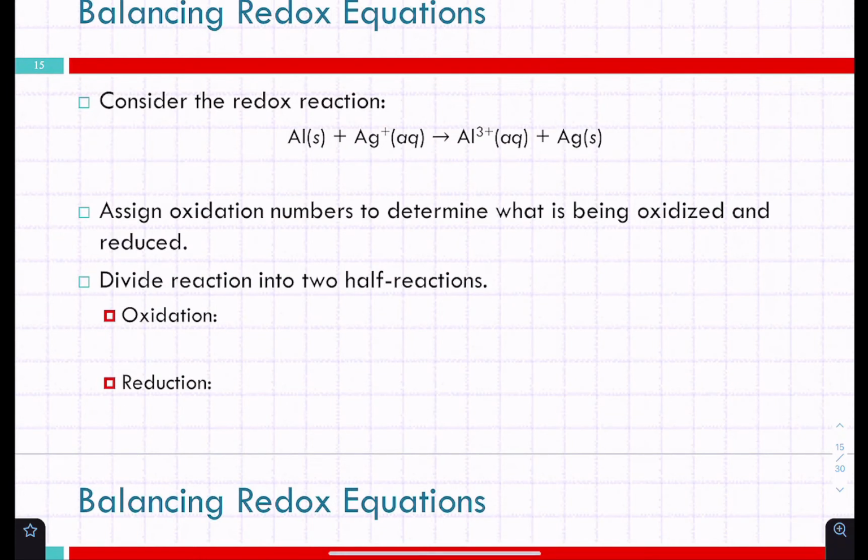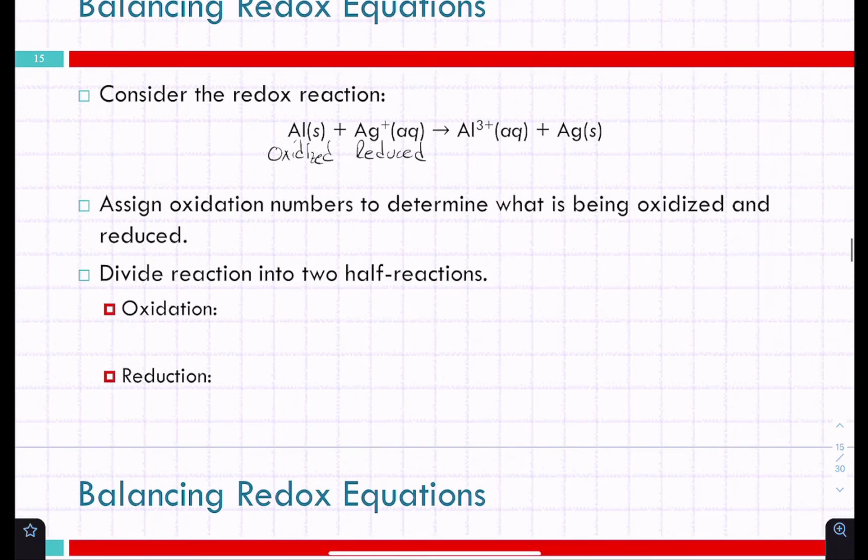All right, so for this one, starting off simply enough, we have aluminum reacting with silver. So which of these is being oxidized? Aluminum. So it's being oxidized and silver is being reduced.